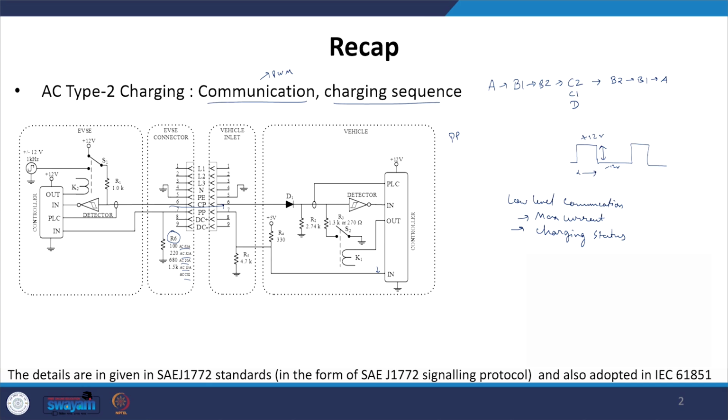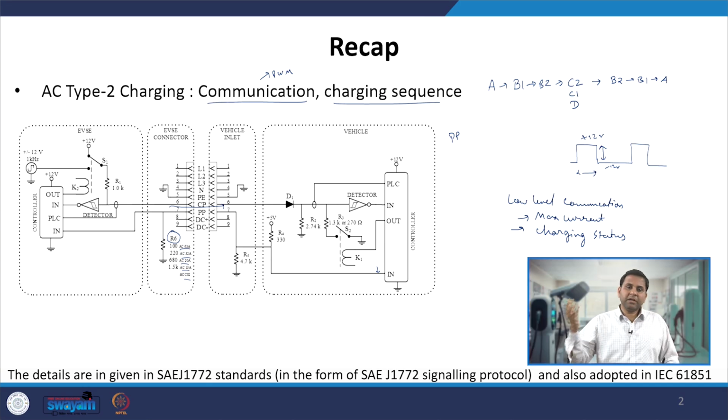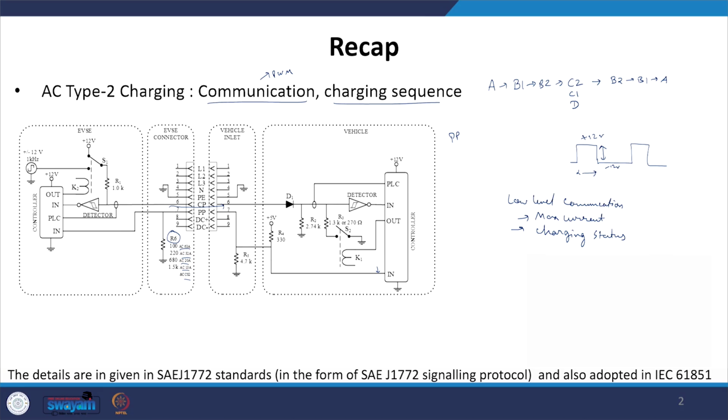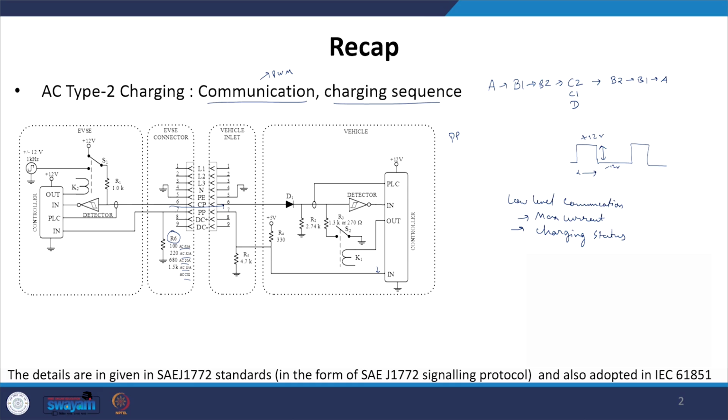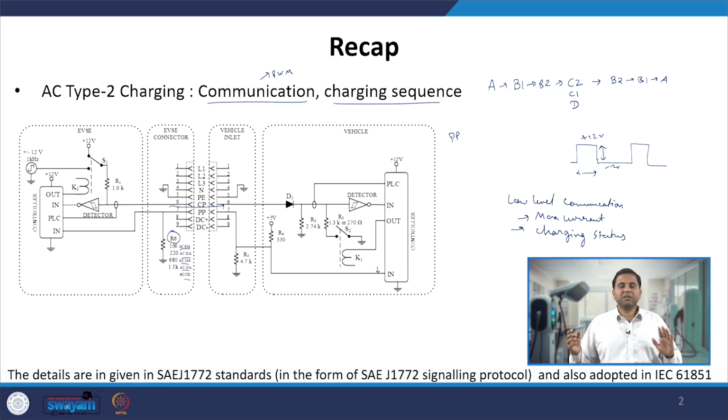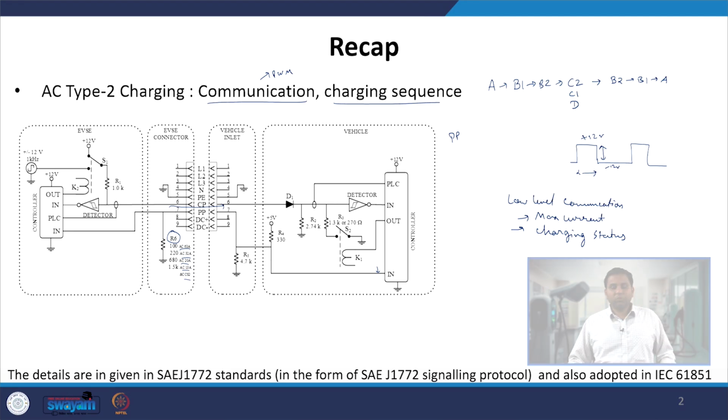Depending upon the battery conditions, the BMS can tell the power conversion unit controller inside the EV that this much voltage and current has to be made available at the output of the power conversion unit. So that information need not be sent to the EVSE, and thus the EVSE has to just send the maximum current which can be drawn at that instant, and at the same time the status of whether the EV as well as EVSE are ready or not has to be exchanged. That is all about the low level communication.